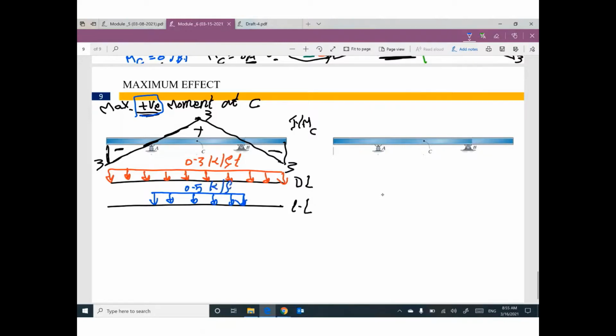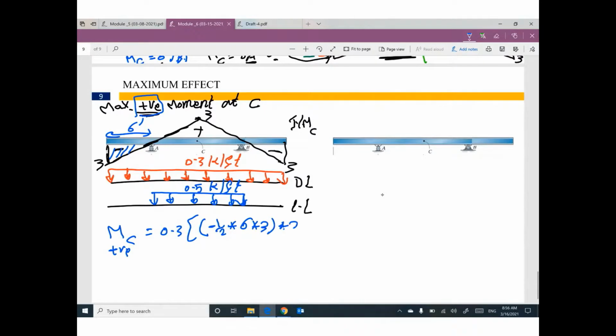kips per foot. What is the value of MC, which is the maximum positive? The value of dead load, 0.3, times the area of the whole diagram. We have this triangle, which is negative, 1/2 times this length of 6 feet, times 3.